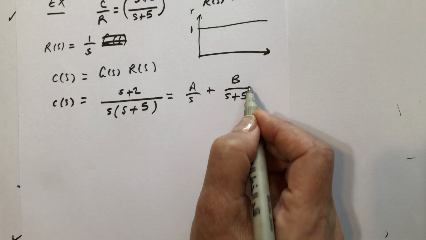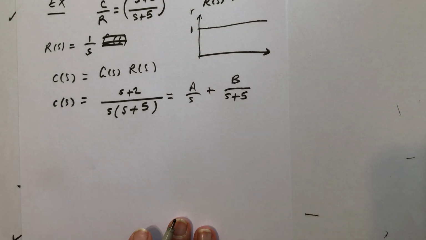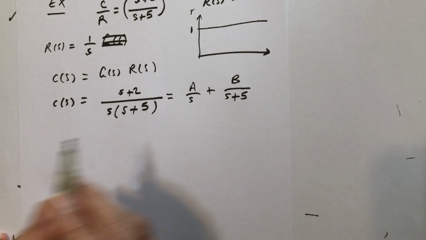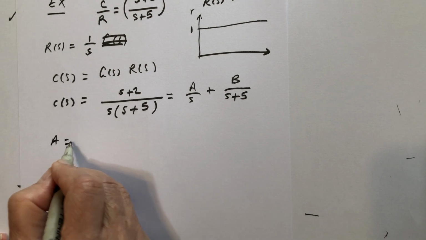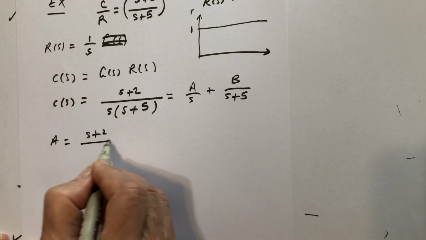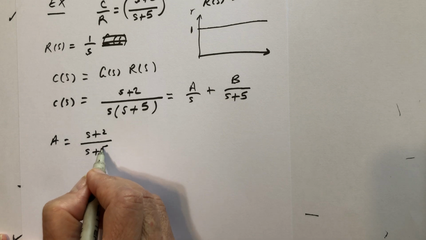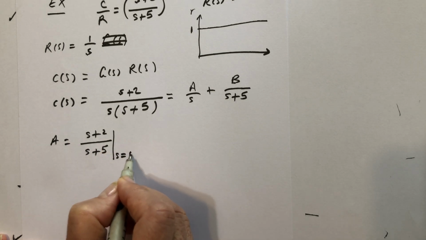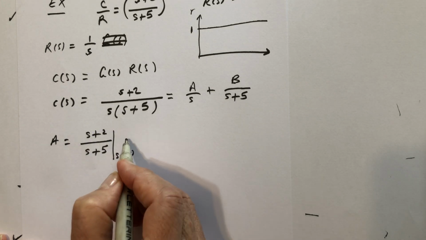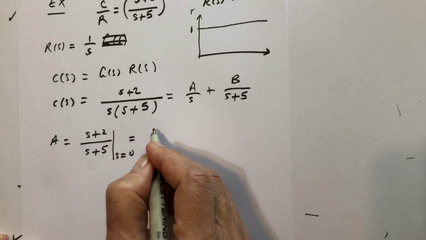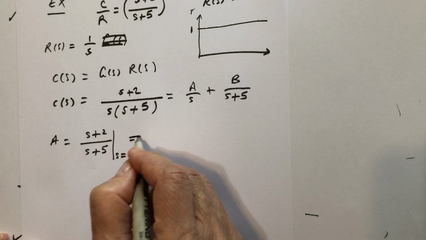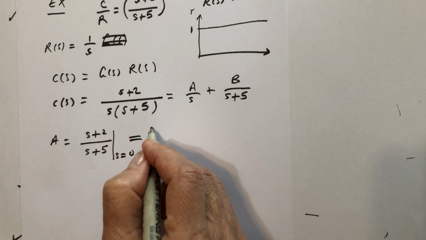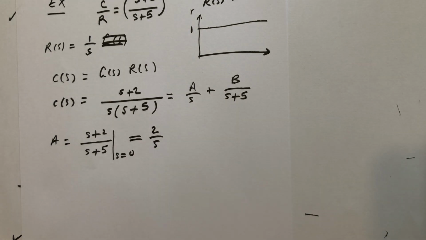By the Cook method, A equals S plus 2 over S plus 5 when S equals 0. Substituting S equal to 0, we get 2 over 5, right?